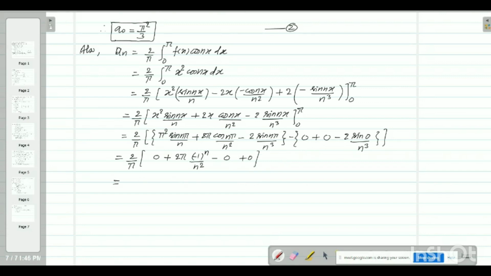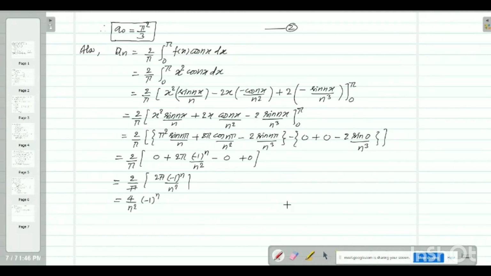So this is 2 by pi into 2 pi minus 1 raised to n by n square. Here one pi will cancel, so you will get 4 by n square into minus 1 raised to n.